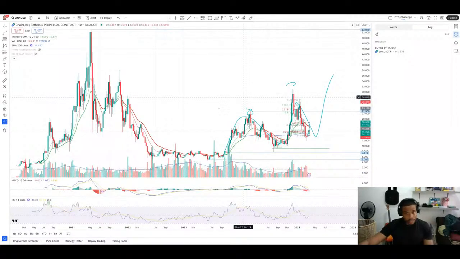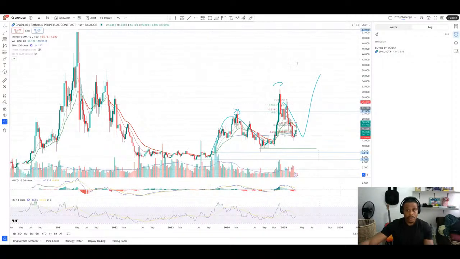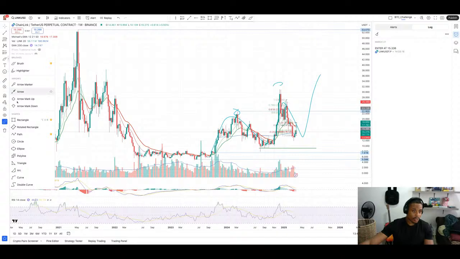Usually with ranges, imagine a channel. Let's get a box here.